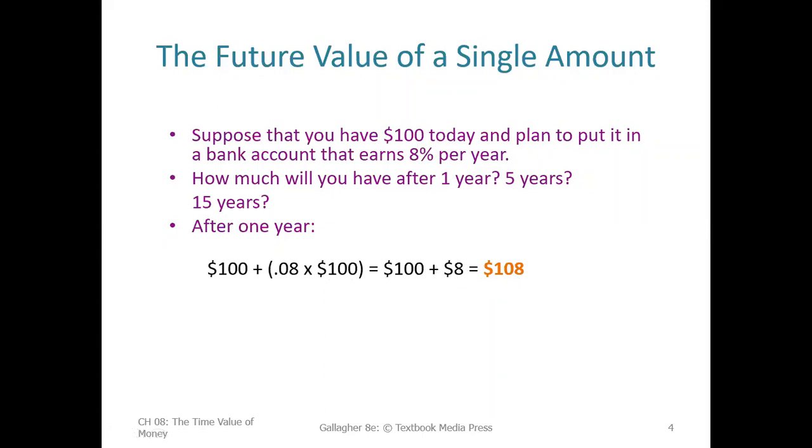So what is that compounding process? The compounding process is money on money, or interest on interest. So the $8 interest you generate at the end of the year will generate interest again and again.